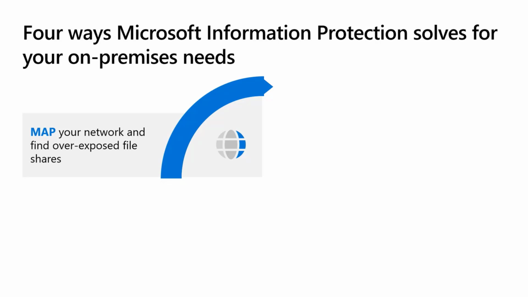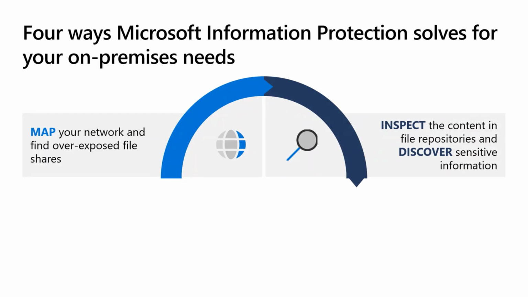Then you will be able to prioritize and add these discovered shares to your content scan, which will be the second step for your Scanner implementation: inspecting the content and discovery of sensitive information inside your files.